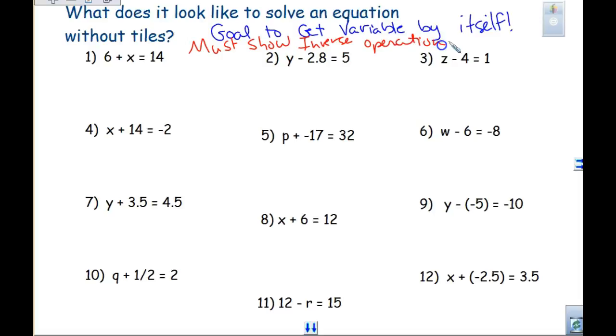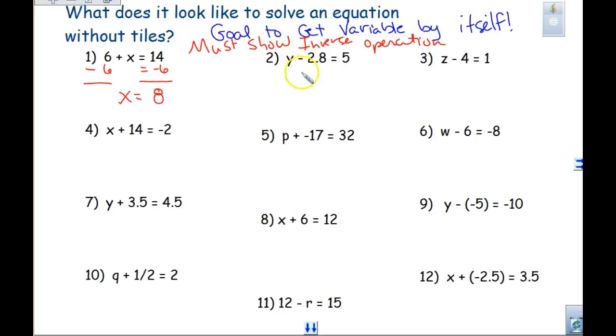So inverse operation means the opposite of adding 6 to x would be, we are going to subtract 6. And please do it on both sides of the equal sign. So I'm subtracting off 6. And on this side, when I add 6 and negative 6, I get 0, which leaves me with x equaling 14 minus 6, which gives us 8.